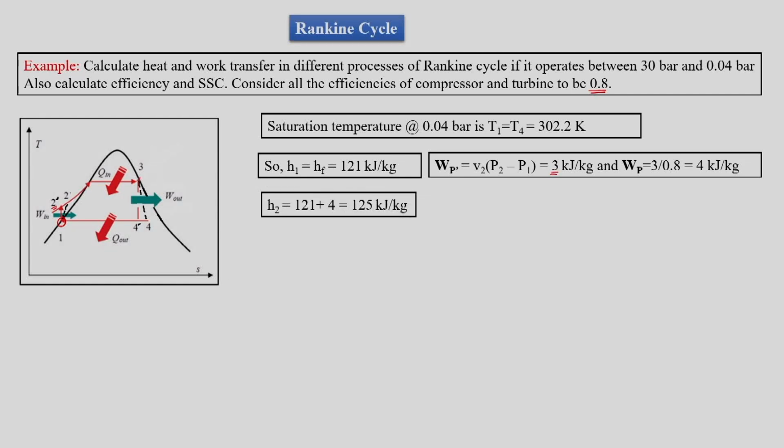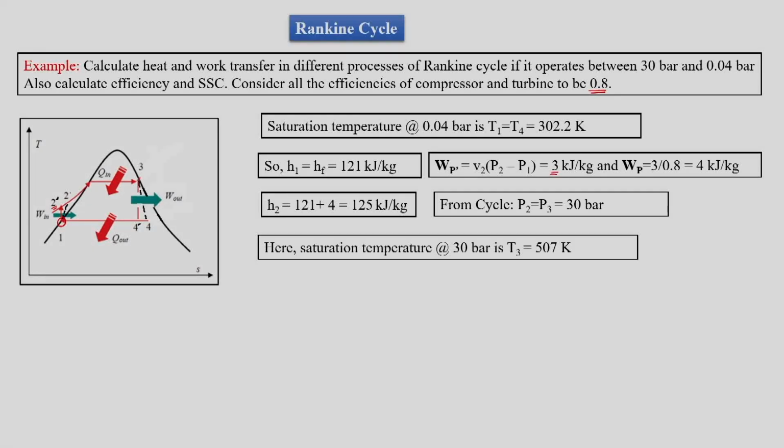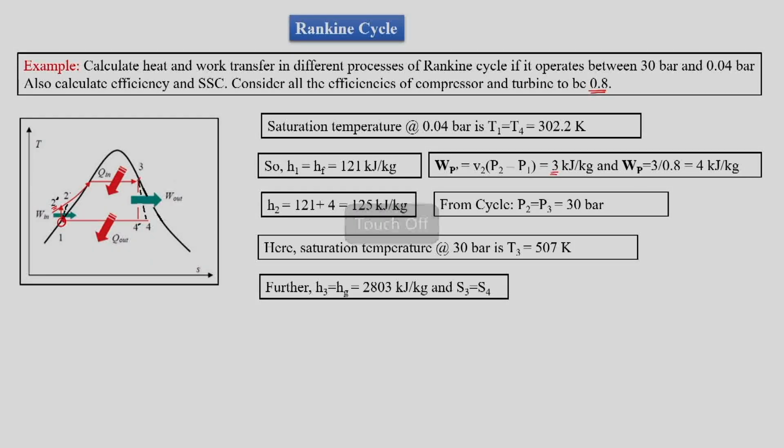We know H1, and we know the pump work. So, pump work plus H1 is H2, which is 125 kilojoule per kg. We know that P2 is equal to P3, which is 30 bar. Here the saturation temperature corresponding to 30 bar is 507 Kelvin. We are told that this is a Rankine cycle and we are not told anything about point 3, so we have taken point 3 on the saturation line.